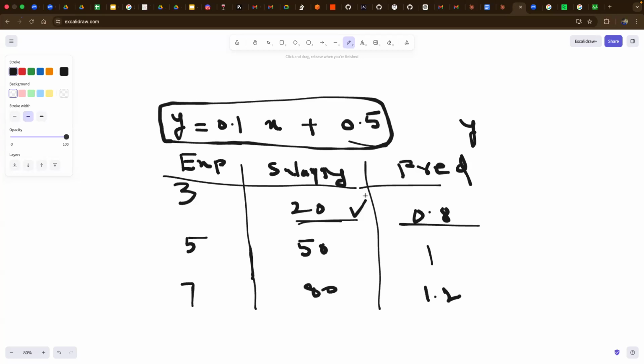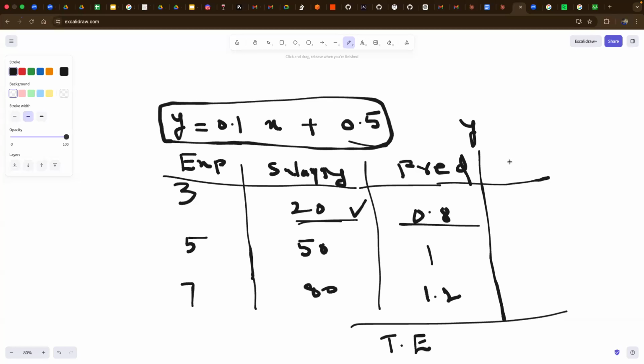So what we do is we calculate the total error, I am writing it as T, and then we'll try to adjust it. For that, the first thing is I need to calculate the error. How do we calculate error? Error is equal to Y actual minus Y pred. I am writing it here, and this Y represents Y actual, this one, and this is Y pred.